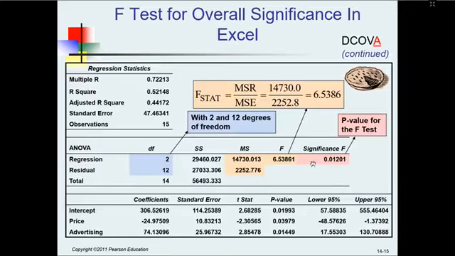The F distribution has two degrees of freedom, the numerator and the denominator. So the numerator is 2 and the denominator is 12. So we are going to use 2 and 12 degrees of freedom to determine our critical value in order to solve the problem.